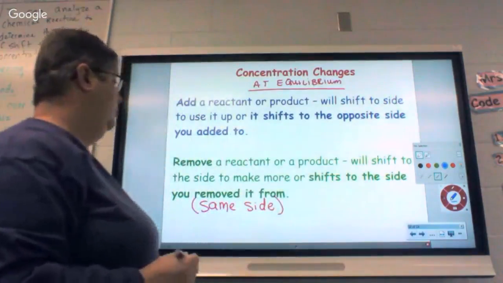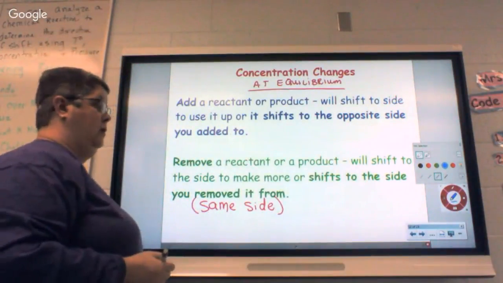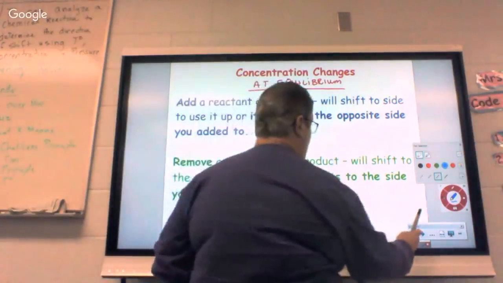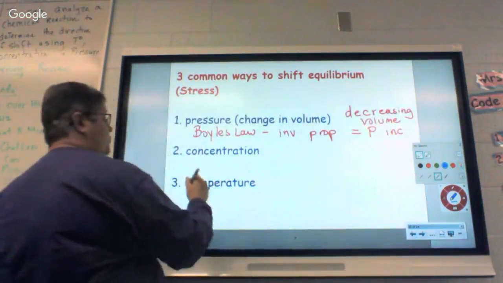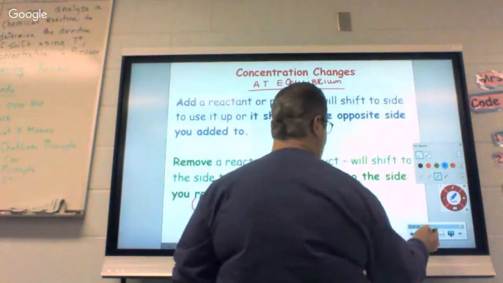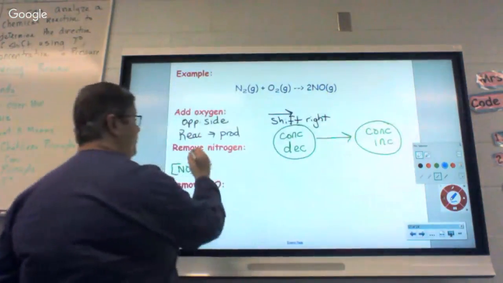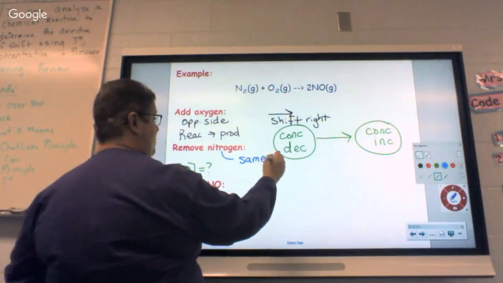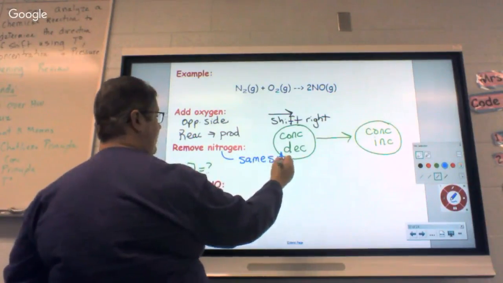If I remove nitrogen, it goes to the same side.